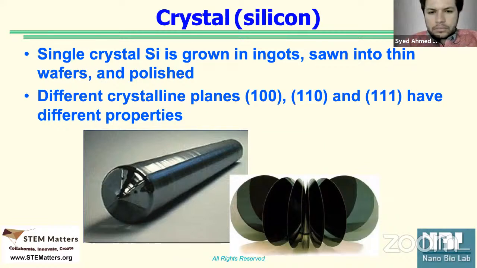We dip it into that molten silicon, we drag it out. When we drag it out, atoms start structuring following that seed. What we get is a long cylinder like it's shown in this picture. Once we get the cylinder, we cut it and we get those wafers.